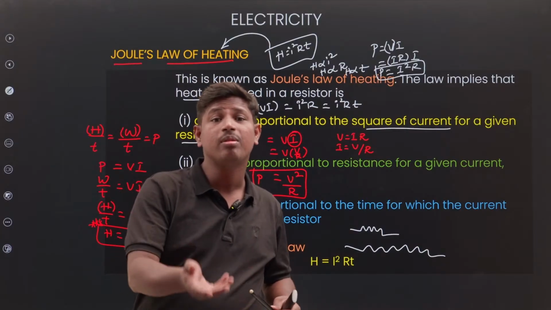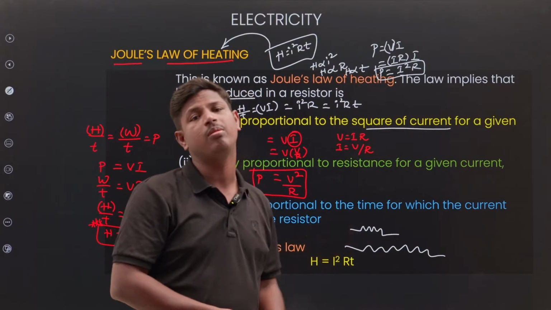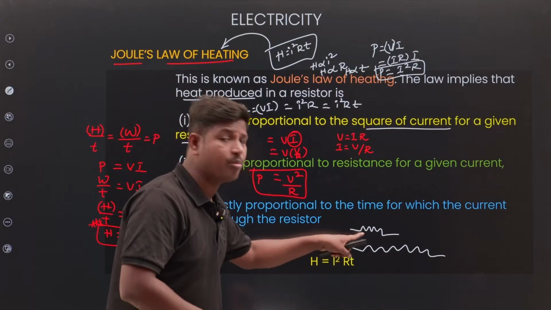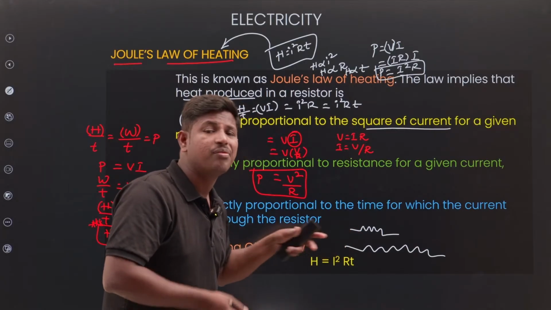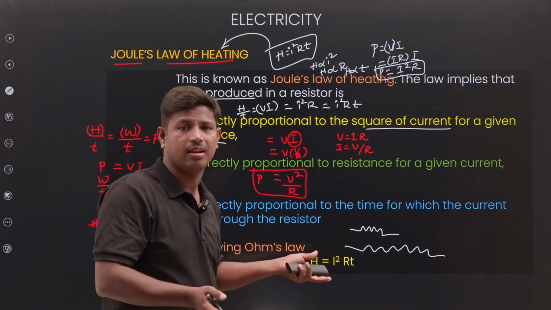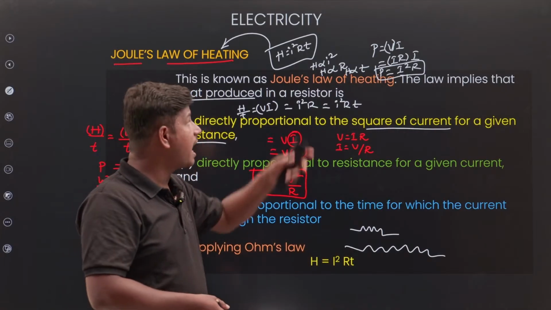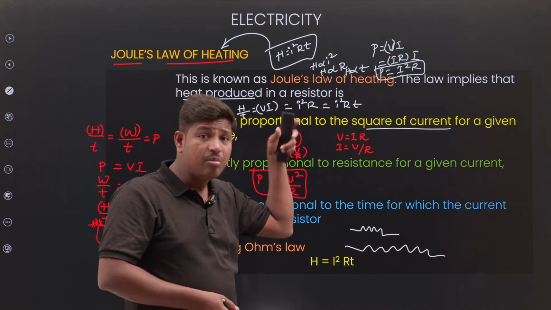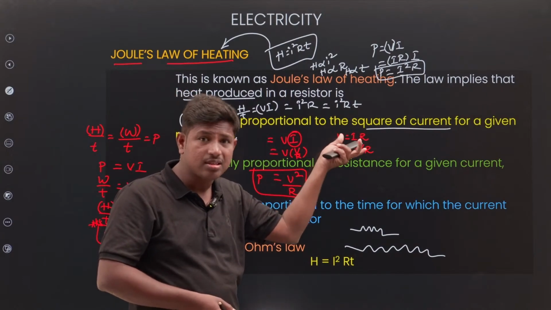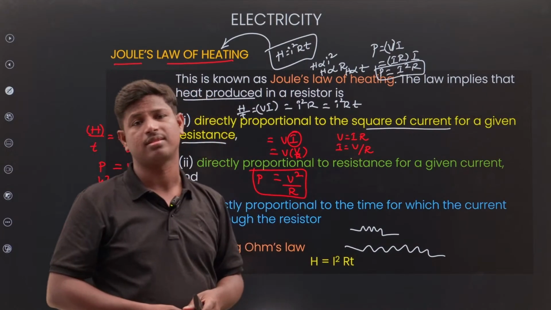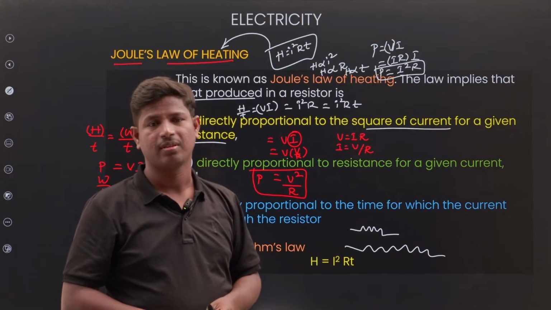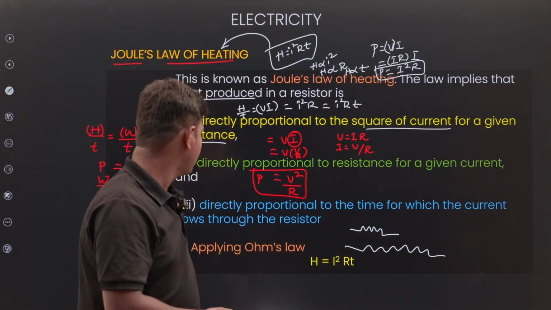Collisions will be more, then heat will be more. High resistance produces a high amount of heat. And as time increases, the amount of heat also increases. Okay, H is equal to I square RT.